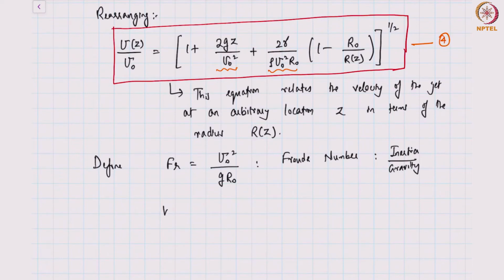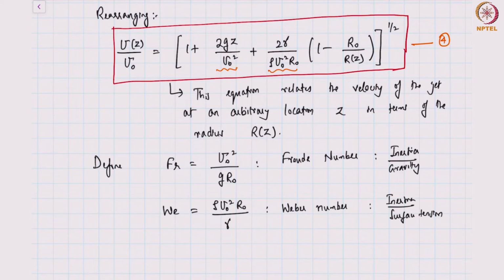I define another non-dimensional number called We, which is rho u0 square r naught by gamma. This number is called the Weber number, which is the ratio of inertia to surface tension.